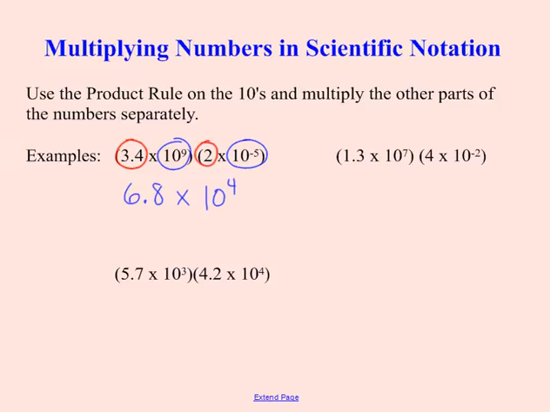All right, our second example, 1.3 times 10 to the 7th times 4 times 10 to the negative 2. So let's start out by using the product rule with our tens. 10 to the 7th times 10 to the negative 2. We add the exponents. 7 plus negative 2 is 5. So we have 10 to the 5th. And now we multiply 1.3 times 4. If you need a calculator, you can certainly use one.